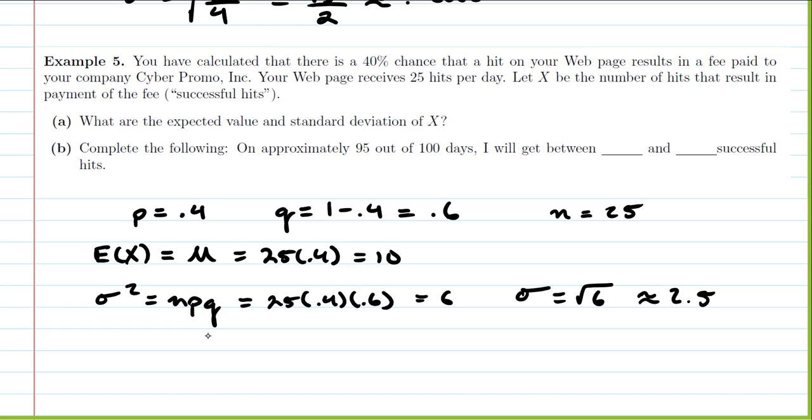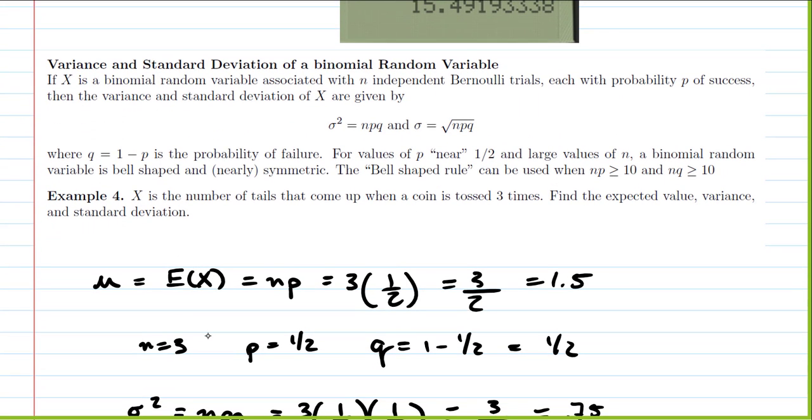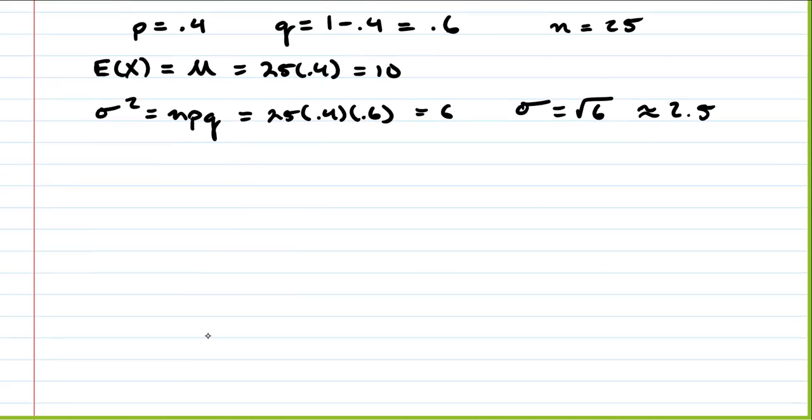All right, so part B says, complete the following. On approximately 95 out of 100 days, I will get between blank and blank successful hits. Well, we've been using a binomial distribution, and we know that it'll be bell-shaped and symmetric if what is true? N times P is bigger than 10, and N times Q is bigger than 10.